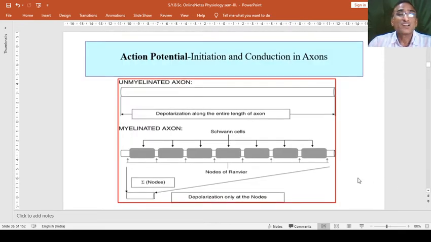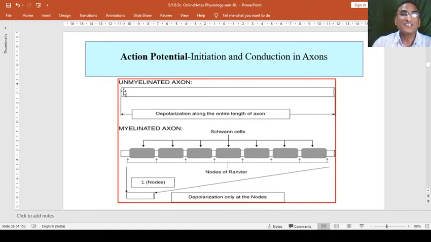Next, the action potential is to be described in both unmyelinated and myelinated axons, and the initiation and conduction of the impulses or messages along the axons is pictured here.